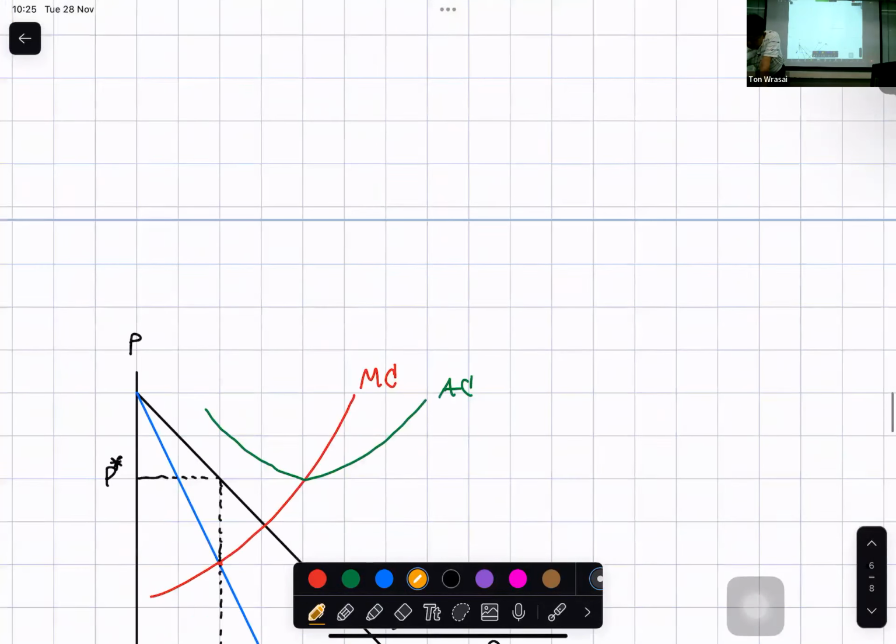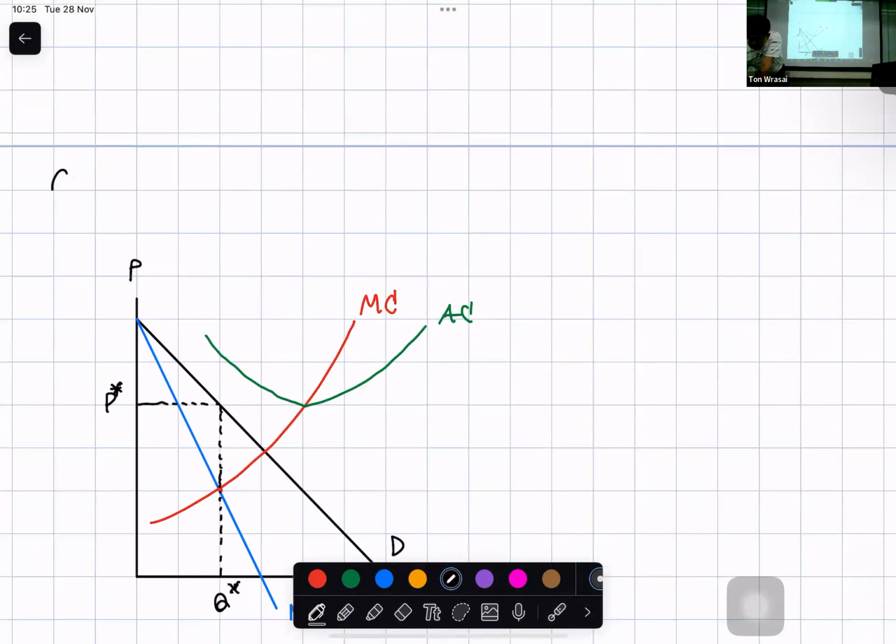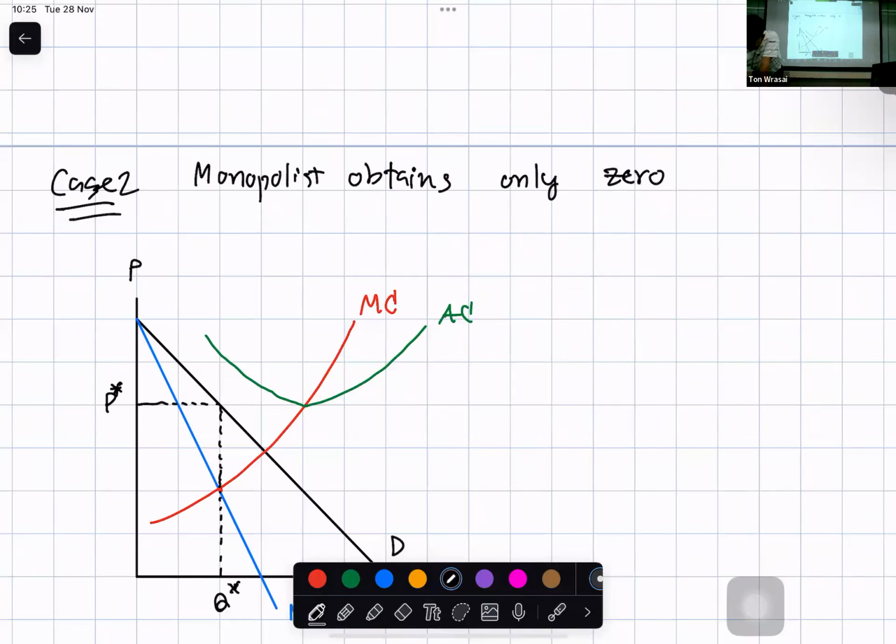Case 2, if we have to show the case where this guy obtains only zero profit, zero economic profit. The monopolist obtains only what we call zero economic profit, Pi EC equal to 0.